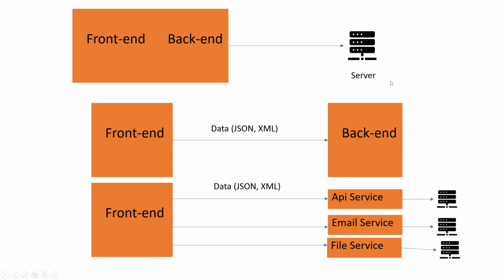So you split your entire backend logic into multiple services, and this is what's called microservices today. Every service is stored on a particular server and can even have its own database. And this is even more decoupling, because if the email service doesn't work, the application doesn't crash. Your API still works, your file service still works, only the email doesn't work.